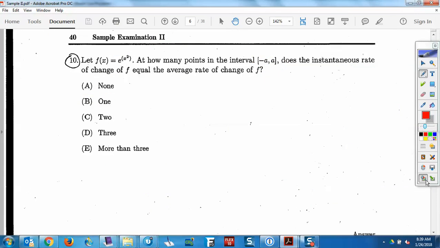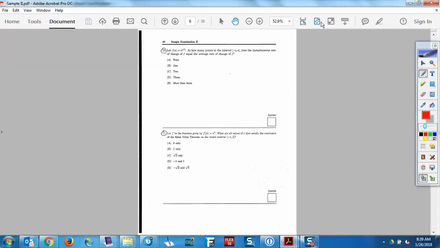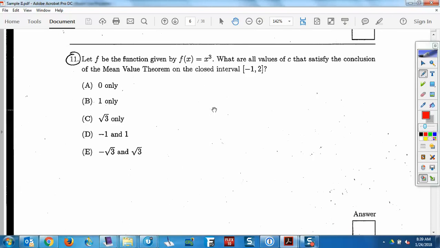Okay, what else? Is that the theorem that's being talked about? Yes, there you go. One of the things I said is we should be able to do all the circled ones, but we have a little bit left in chapter 4 to do. So every once in a while there might be one we haven't quite learned, and 11 would be one of those. So put a little mark by 11.